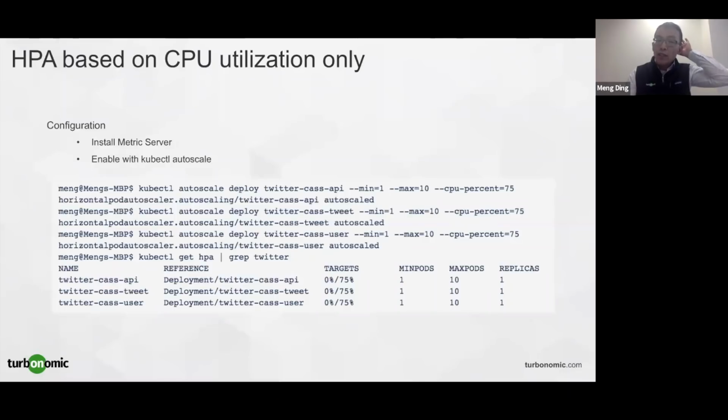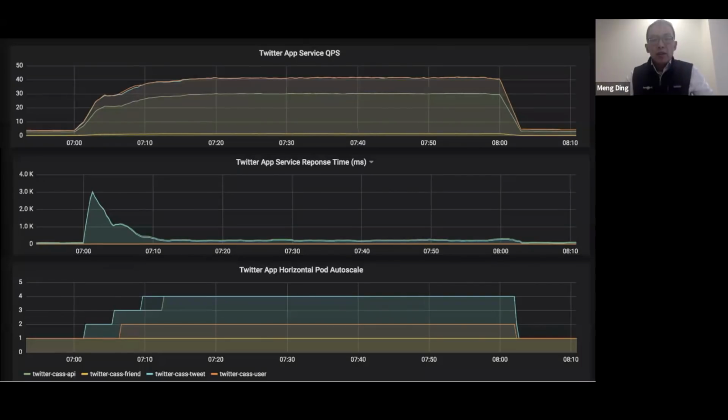We run these experiments, and of course, we can collect the metrics and show them in the Grafana dashboard in a very nice way. As you can see here, we launch the workload on a Locust cluster where we simulate 300 users that make requests to the Twitter service at the same time.